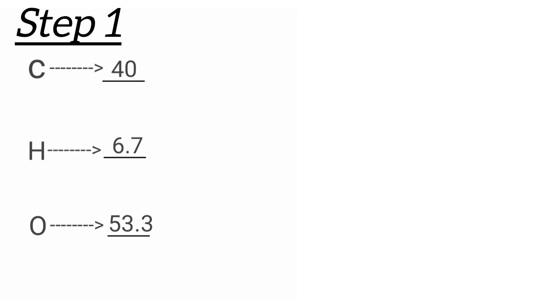I'm going to divide the mass of carbon by its molar mass, which is 12. So 40 divided by 12, we get 3.3. We also divide the mass of hydrogen by its molar mass, which is 1.